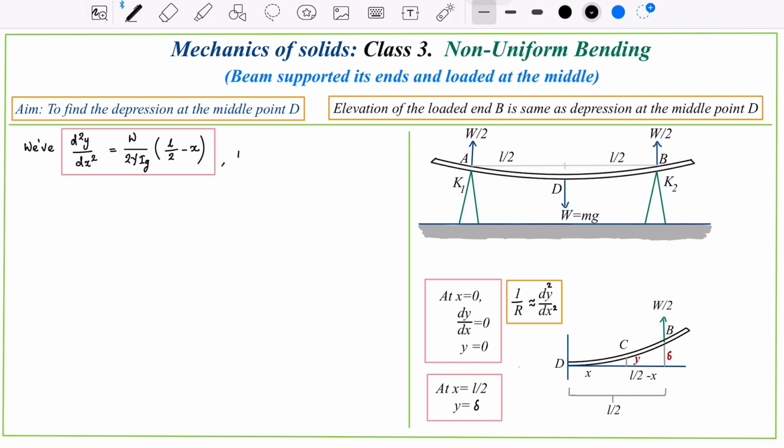Now integrate this equation. The integral of d square y by dx square is nothing but dy by dx. Now dy by dx is equal to W divided by 2YIg into the integral of L by 2 minus x dx.